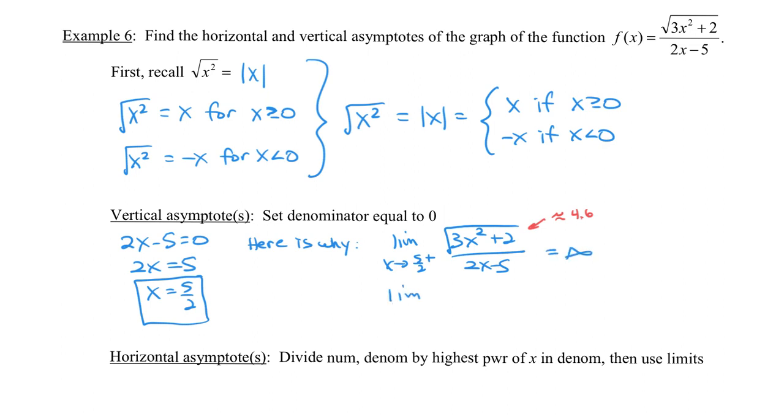Also, if we take the limit as x approaches 5/2 from the left of our expression, well, again, the numerator is going to be just some number, roughly 4.6. And the denominator, now this time I'm approaching 5/2 from the left, so I'm coming in from values less than 5/2.